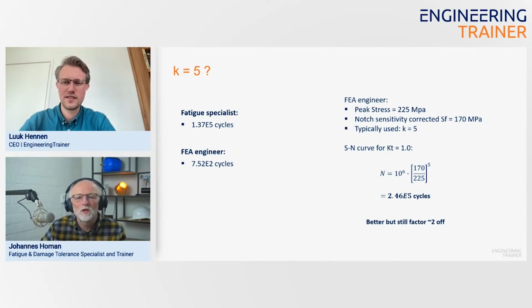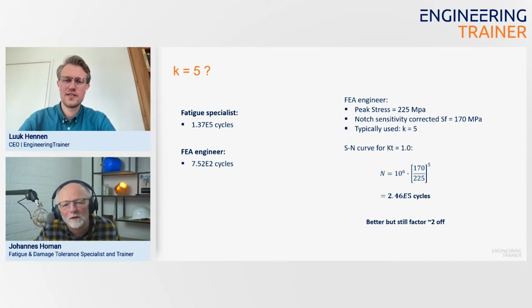So if you do that, for example, you have the peak stress of 225 again, the local stress. If we have an exact fatigue limit, then also corrected for what we call notch sensitivity, but we are not going to dive into that part further in this discussion. If you correct that, you would have a fatigue limit for the Kt is 1 of 170 MPa, so that's somewhat higher than the 155 we had before.